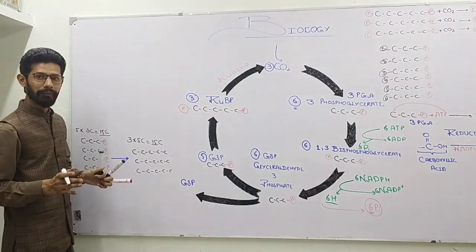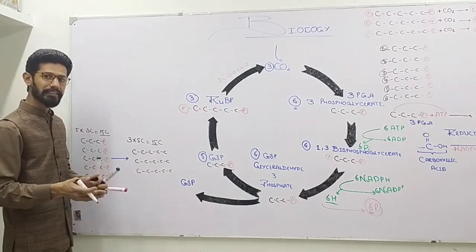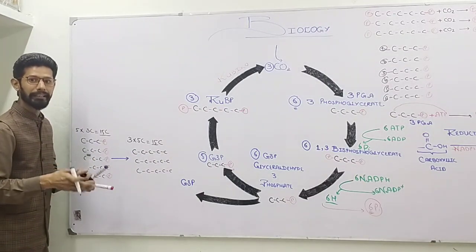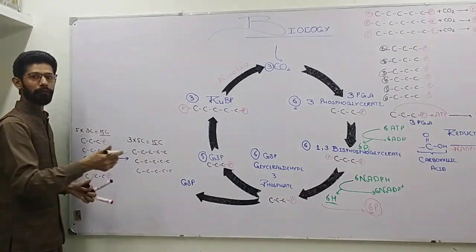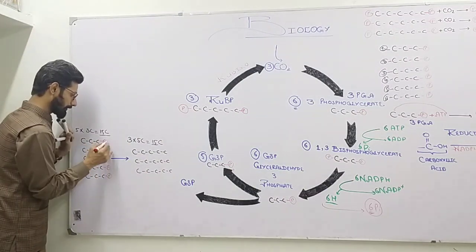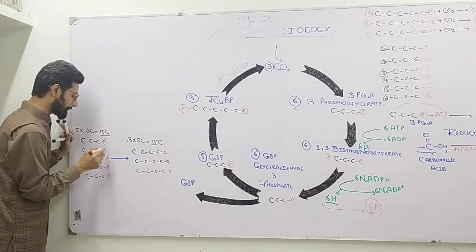So the total number of carbons remains the same. It's just an arrangement of 5 molecules of 3-carbon compound into 3 molecules of 5-carbon compound. So I hope you can understand this concept.